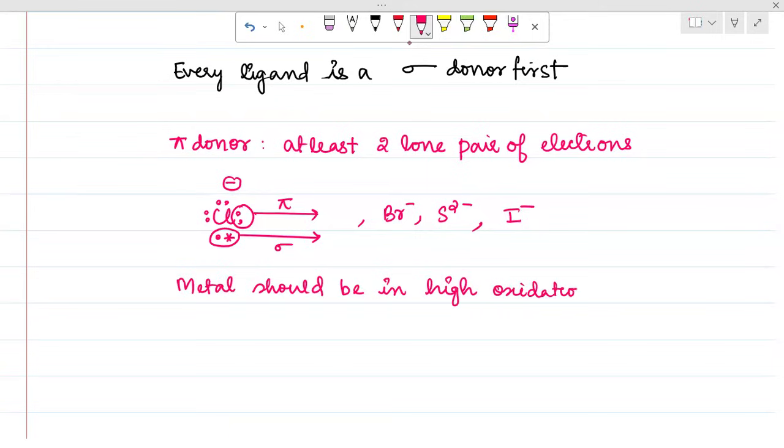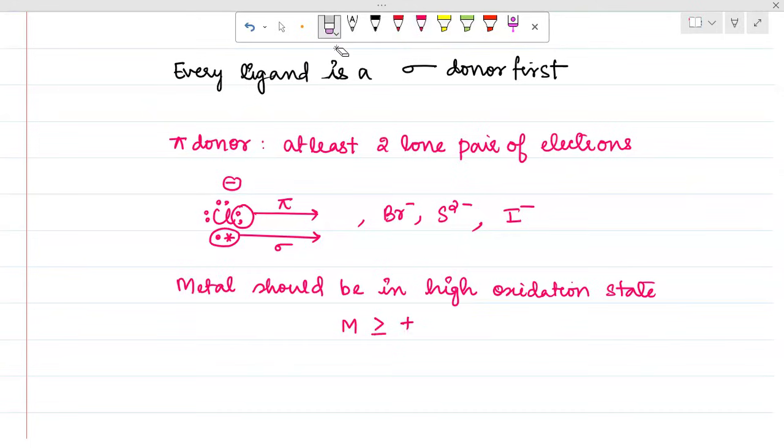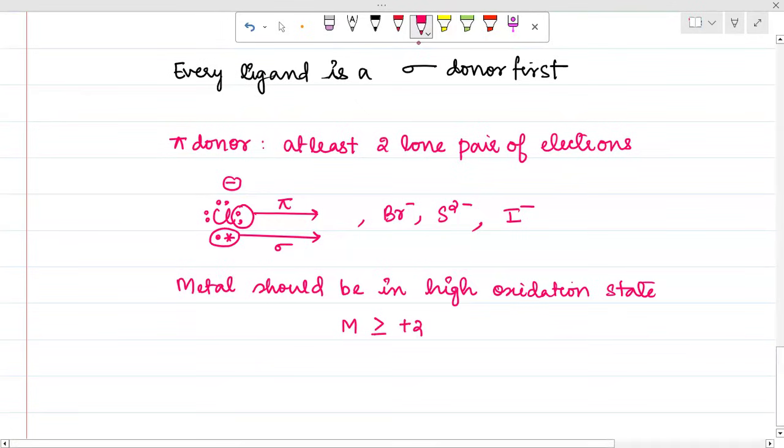Why? Because it is receiving a lot of electrons, so the electron density at the metal should be low. The metal's oxidation state must be at least +2 or more. Then only pi donors will come and attach, because the metal receives a lot of electron density. So that's about pi donors.